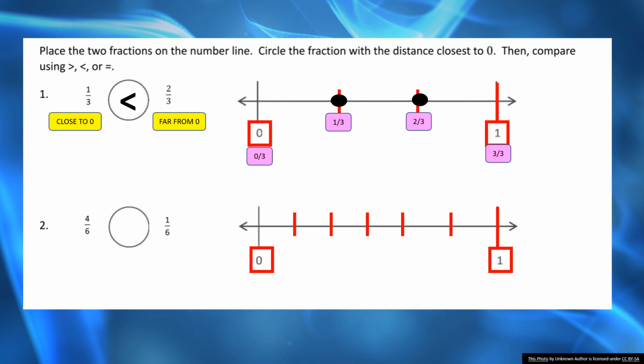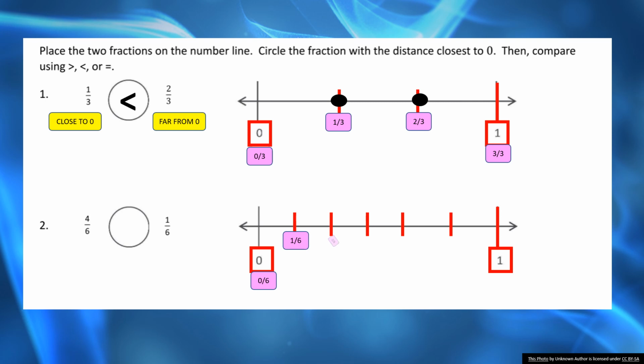So below the number 0, since we're counting by sixths, your first fraction below the number 0 should be 0 sixths. What number comes after 0 when you're counting? That's right, 1. So your next fraction should be 1 sixth. And we keep counting up.